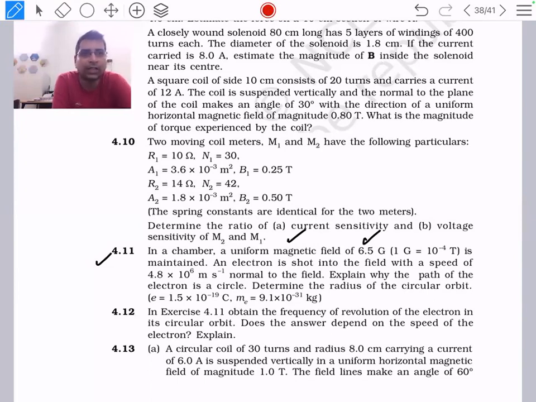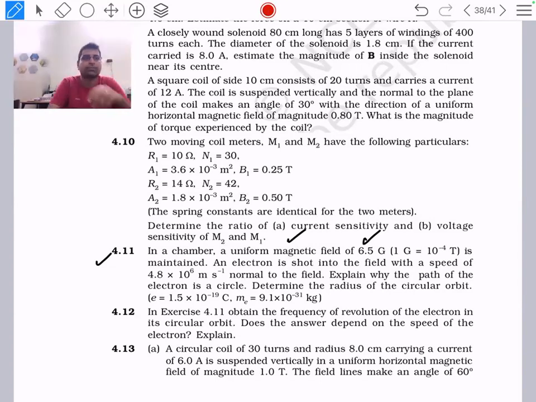It's a one-step derivation, but still you can use it as a formula also. What is the formula, guys? R is equal to m into v divided by q into B. That's right. So write it down. Mass of the particle is 9.1 into 10 power minus 31. Velocity of the particle is 4.8 into 10 power 6 meters per second. Charge is 1.6 into 10 power minus 19.